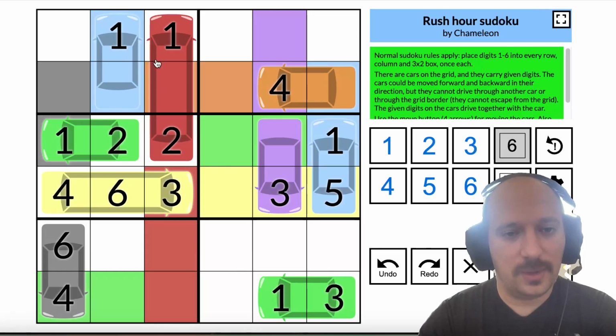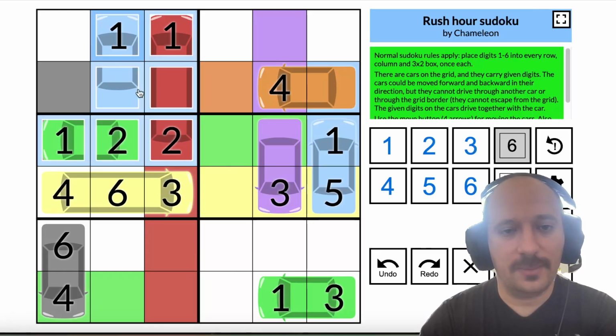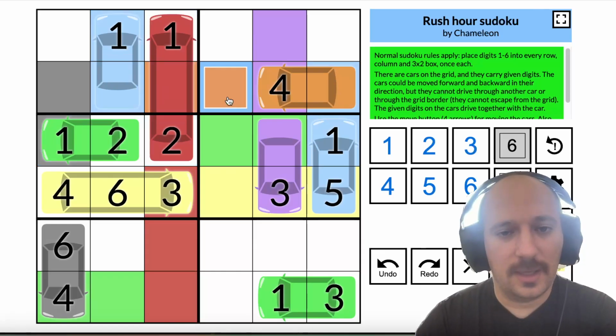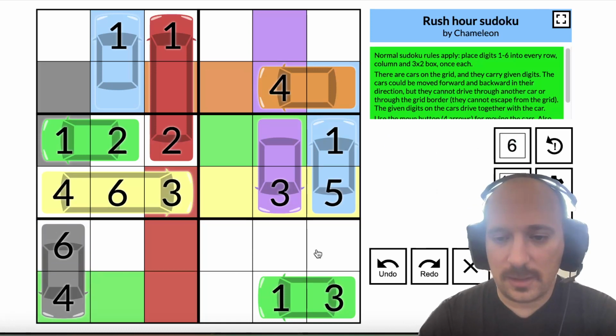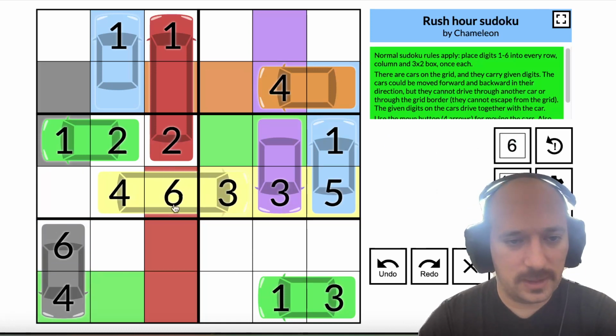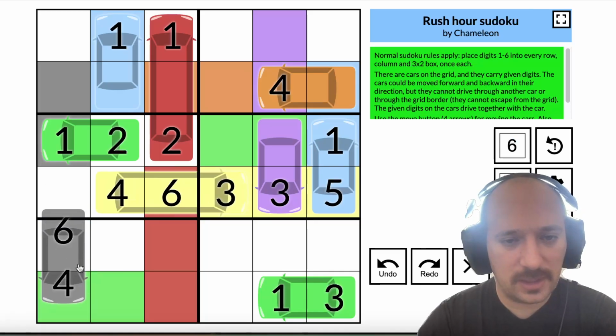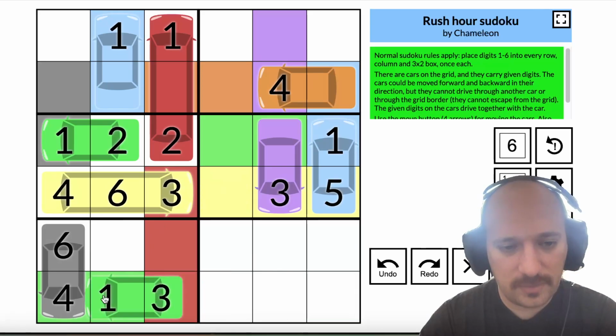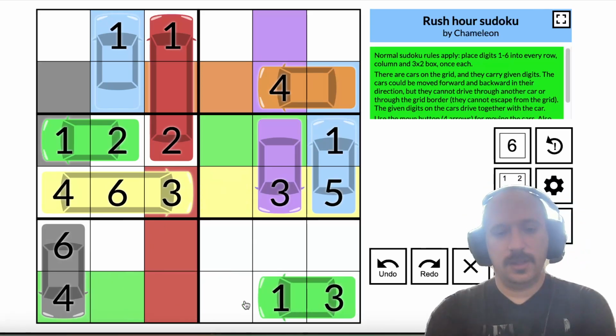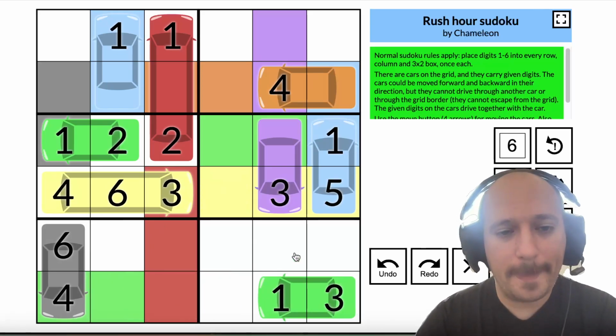So we know that these cars are totally unmovable right now, and this one as well. Let's switch to the move mode, and so this one is almost unmovable. This one also almost unmovable. This one could go relatively free.